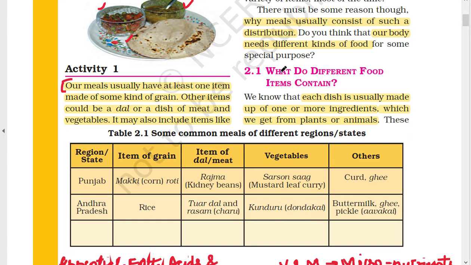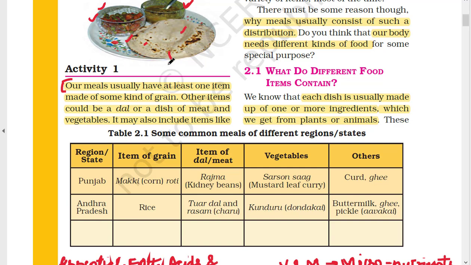For that matter, we need to first understand that we do not eat just one kind of food item in our meals, okay? We may be eating one dal, and we may be taking one vegetable with chapati. So why is it that we are not taking only one item? Because our body needs all the components which are present in the food, and it happens that maybe roti contains all the components, but one component is dominant.